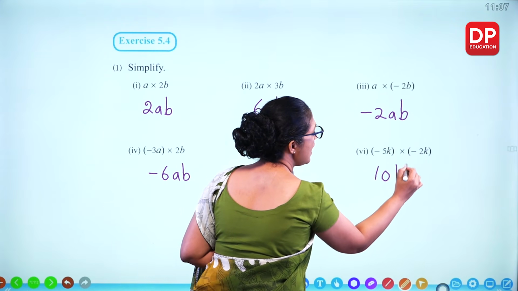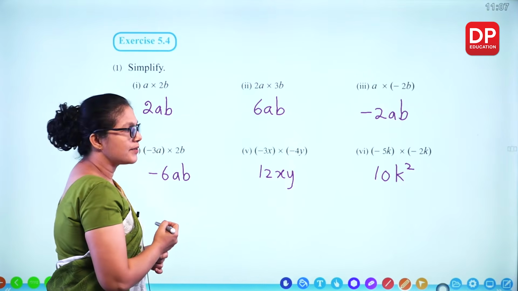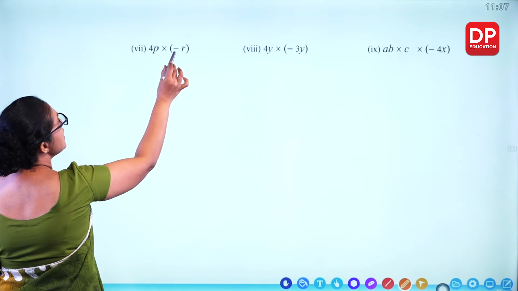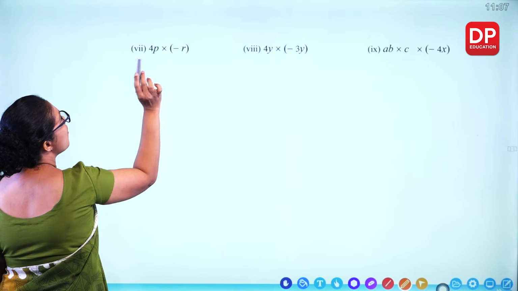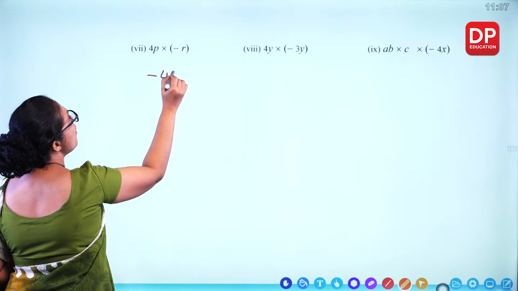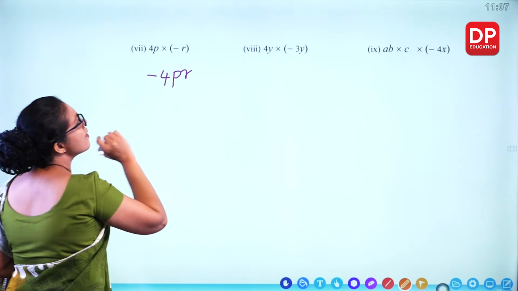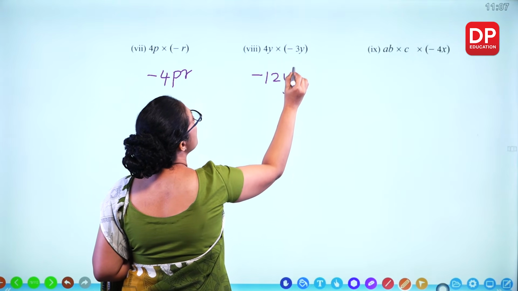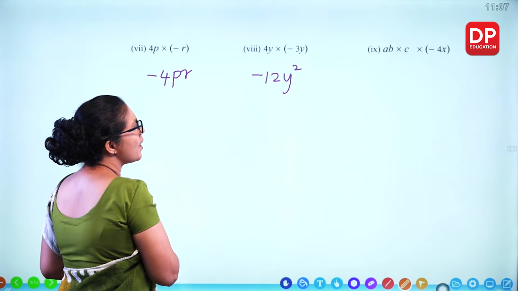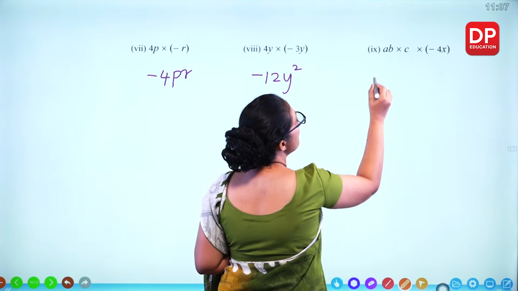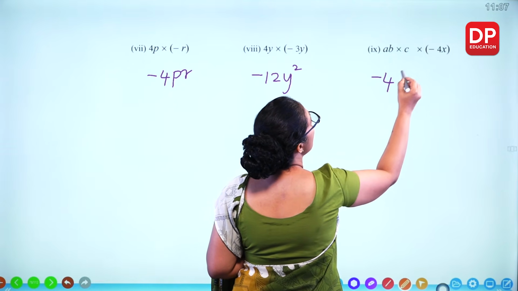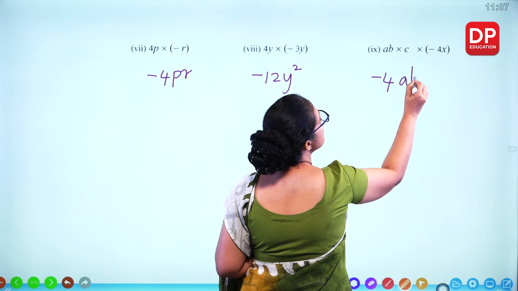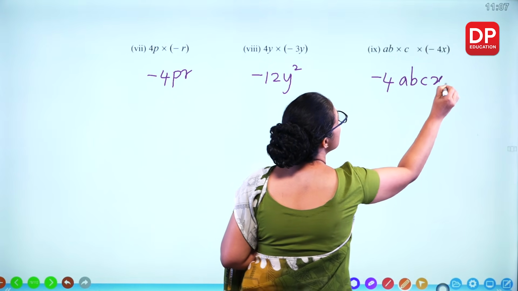K into K, K squared. Minus into 4, 1 into 4, minus 4, P, R. 4 times minus 3, minus 12. Y into Y is Y squared. Here, minus 4 is there. X, A, B, C there. So we'll write down letters in order. A, B, C, X.